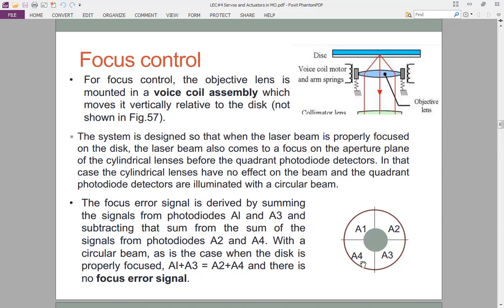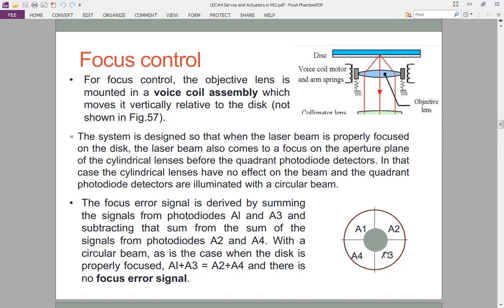But how is the error signal generated? We have light intensity in quadrant A1, we have light intensity in other quadrants. So we take A1 plus A3, subtract the other ones, which is A2 and A4. In other words, we take diagonal intensities.